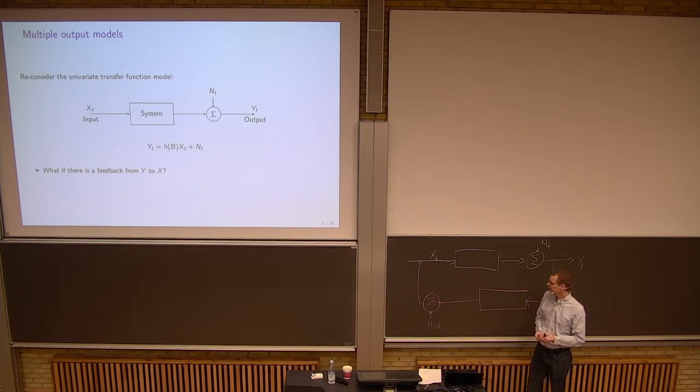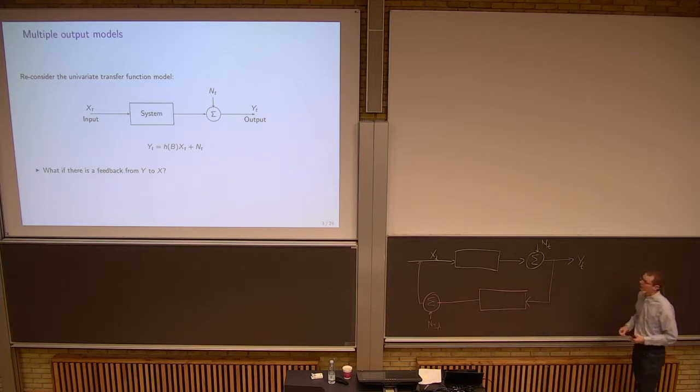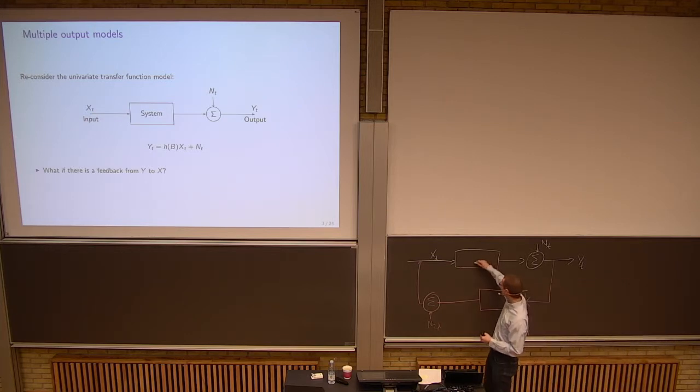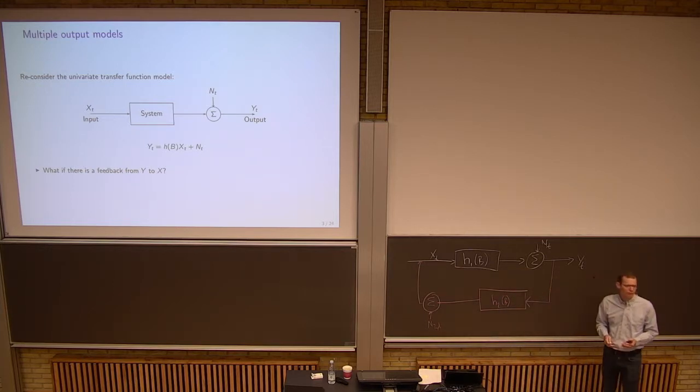So what does this mean? If we can rewrite it, we should give these some names. So this here is, let's call this h1 of b as transfer function, and the other one h2 of b. So what happens here?